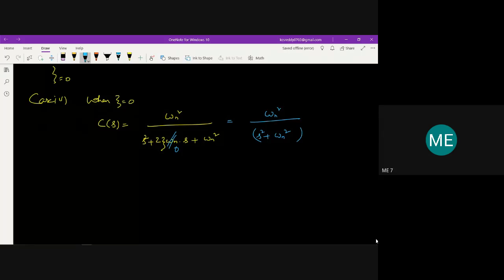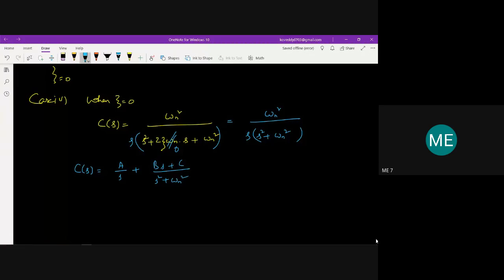If I factorize this using partial fractions, I can write C of s as A by s plus Bs plus C divided by s square plus omega n square.